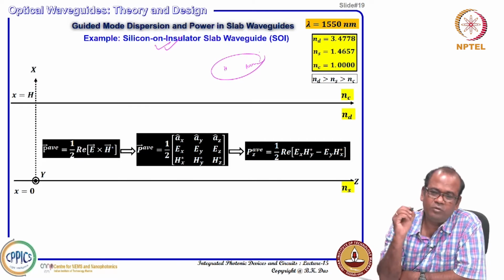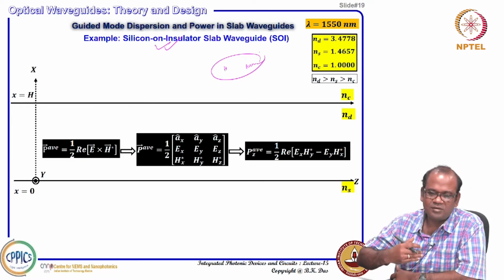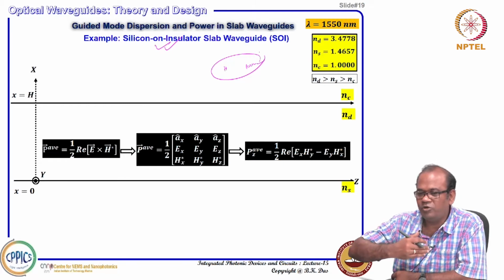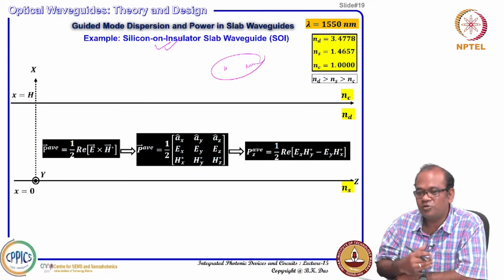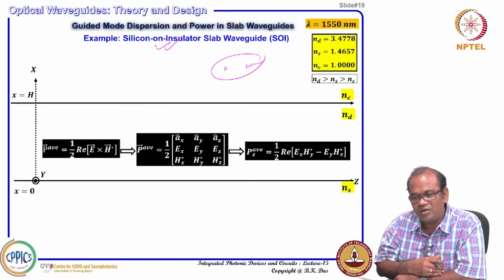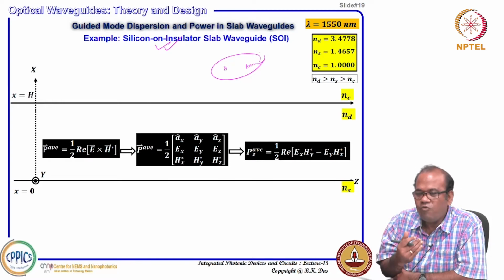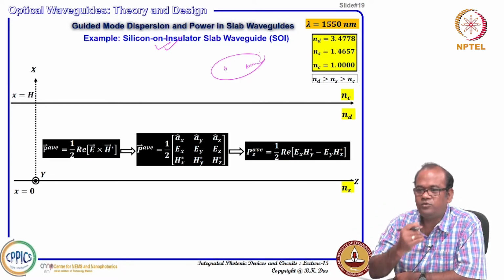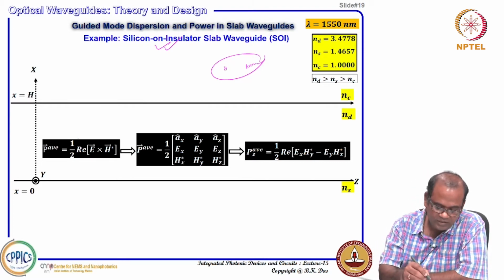So suppose there are several modes. Different modes will travel with different phase velocity, that is one thing, but their group velocity also can be different because of the dispersion omega beta relationship. But for a mode, I would like to know how much energy it is carrying. I would like to know how to calculate that. You know the Poynting vector.